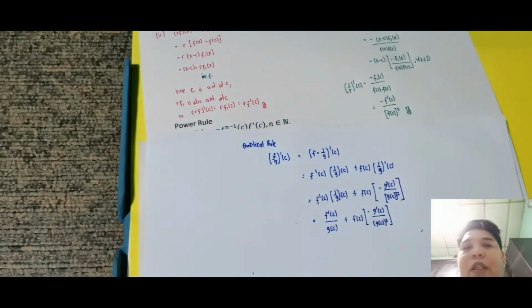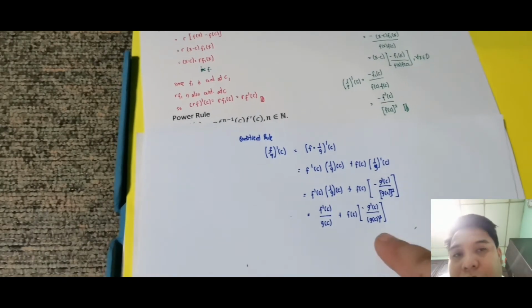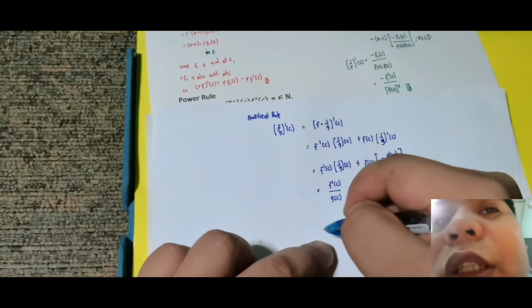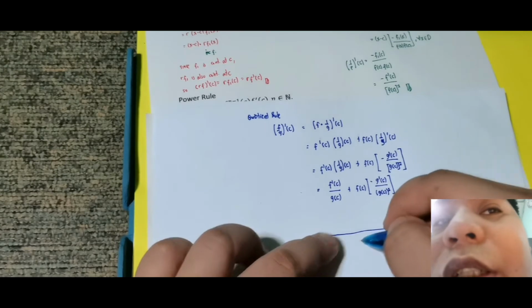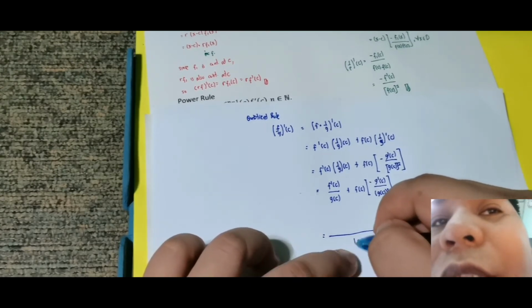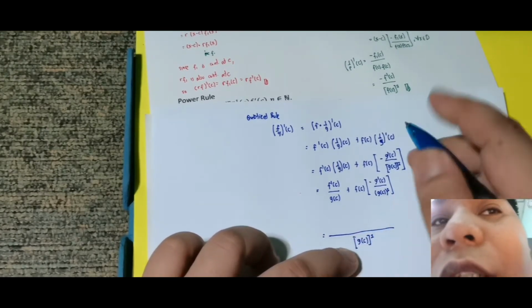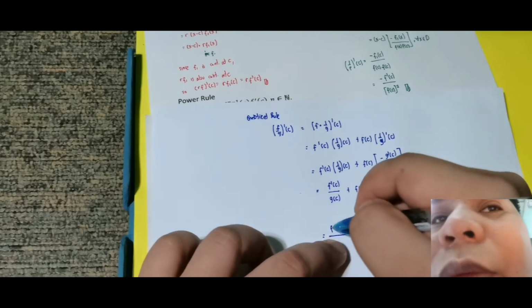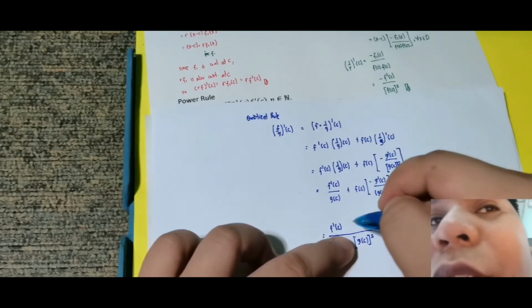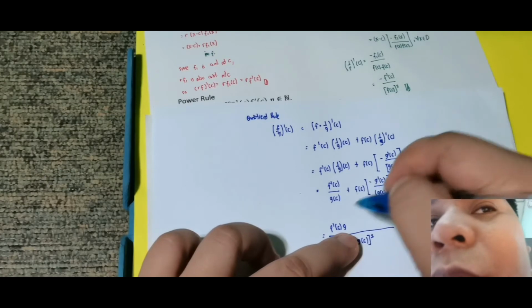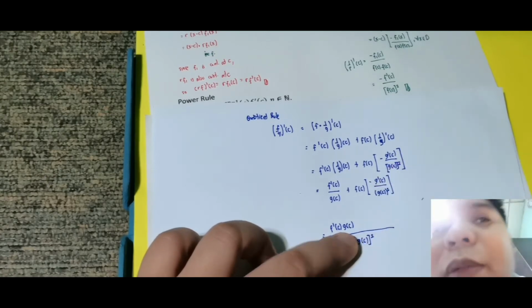Okay, then kung natin na LCD is g of c square. So that is equivalent lang sa ilalim is g of c raised sa 2. Okay, then multiply doon, that is f prime of c tapos g of c, kasi isa matitira.